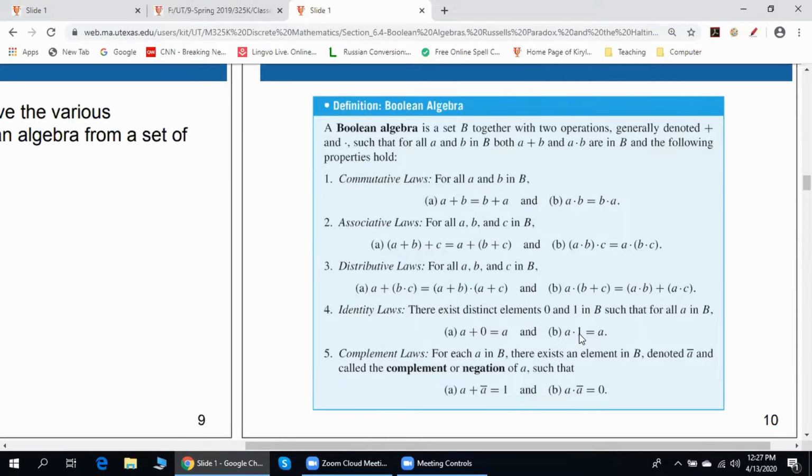Universal set. Yes. So now think about identity laws. A plus 0 is equal to A. In sets means the following. Set A union the empty set is equal to set A.